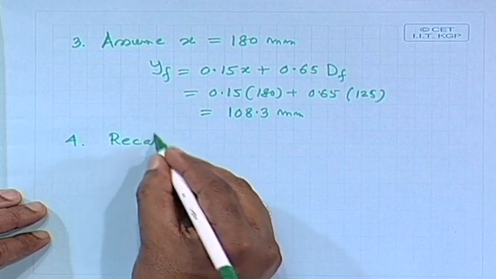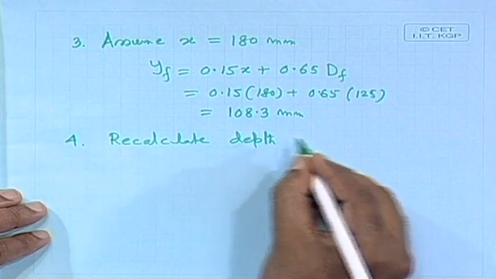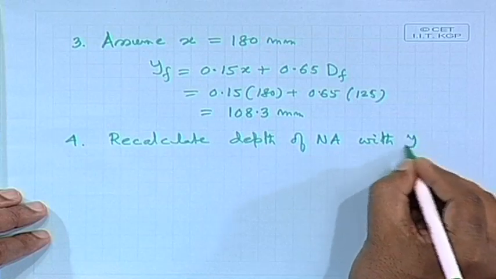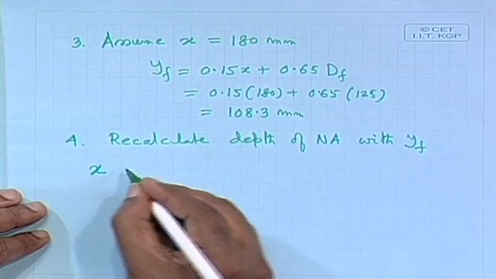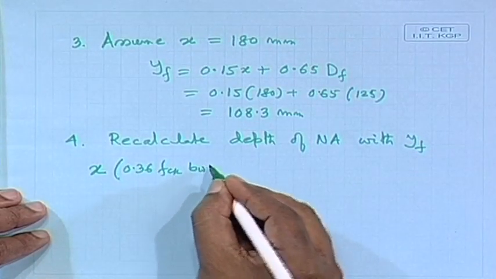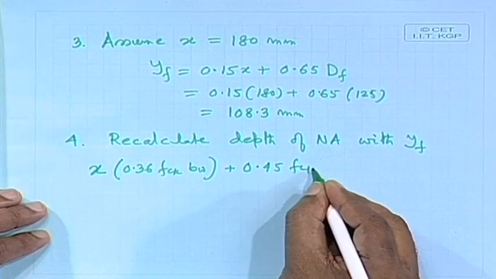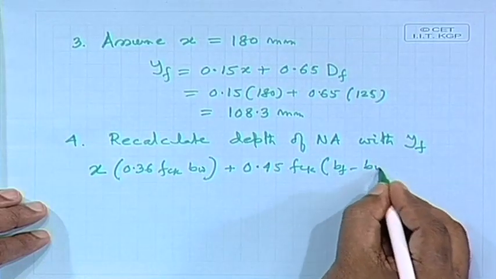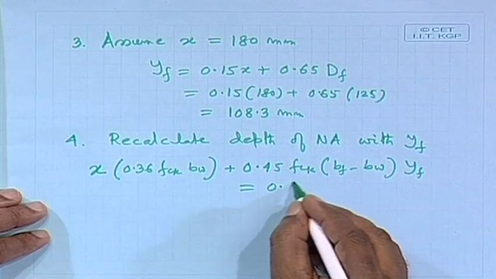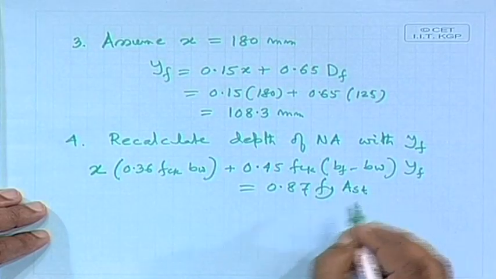Recalculate depth of neutral axis with yf. So, we can write x times 0.36 fck bw, the web portion, plus 0.45 fck times bf minus bw, the flange portion, times this equivalent depth, should be equal to the tensile force developed in steel.